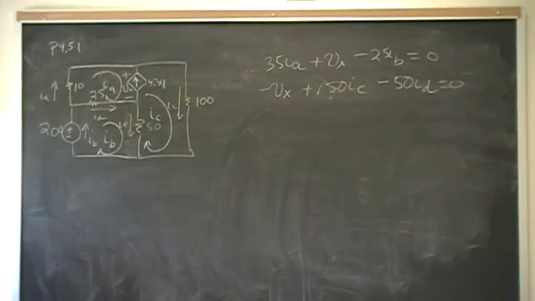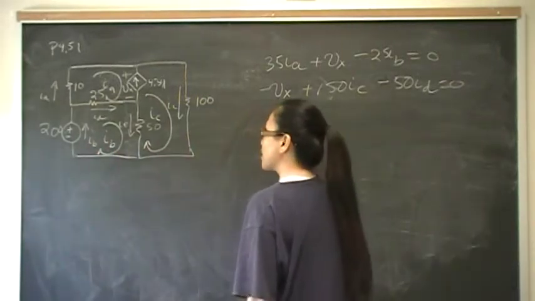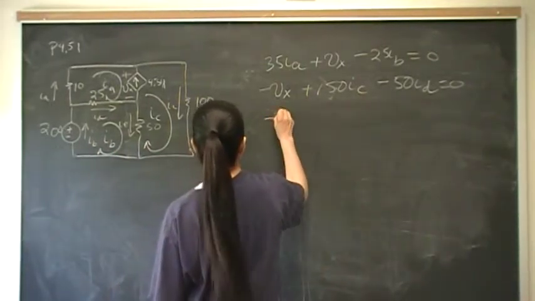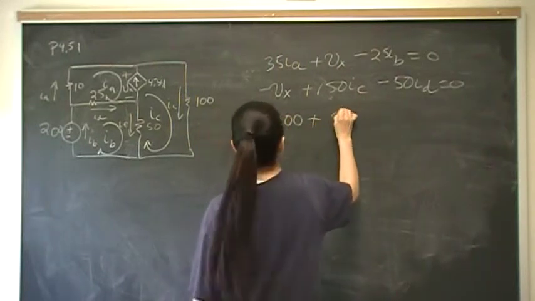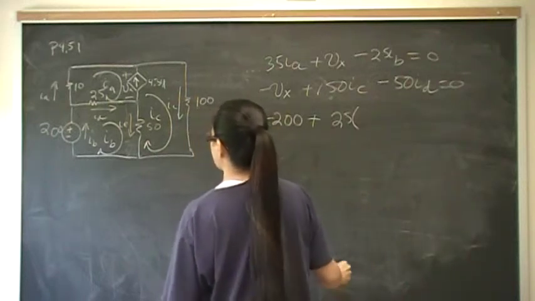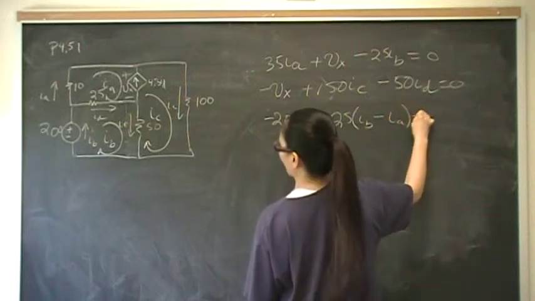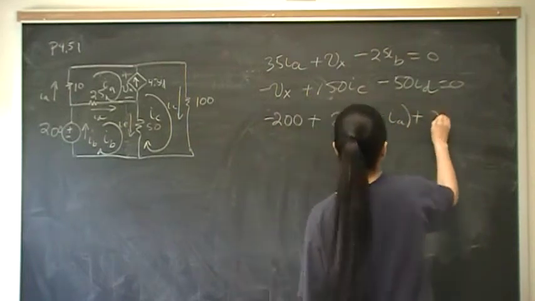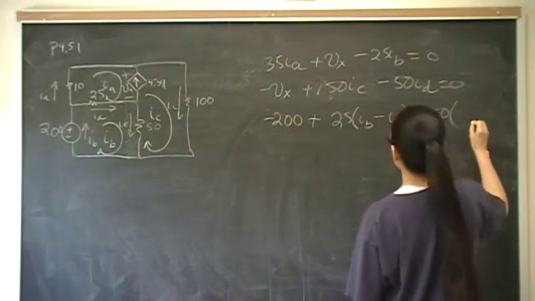So now our third equation is going to be mesh at IB. That positive current is entering the negative terminal, so my first term is 200 volts. And then plus the next voltage drop is plus a 25 ohm resistor, so 25 is our R. Our I is a net current of IB minus IA. And our last voltage drop is across the 50 ohm resistor, and that has net current of IB minus IC.